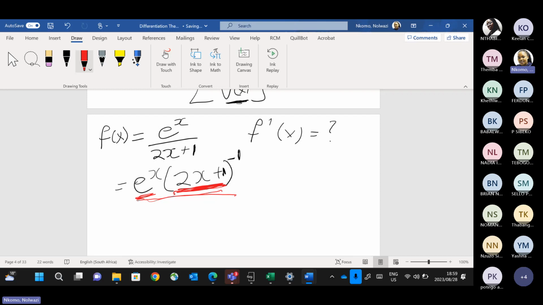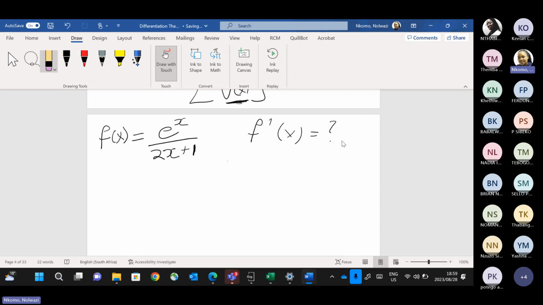So it's better you just apply the quotient rule on this function without simplifying it. Okay.